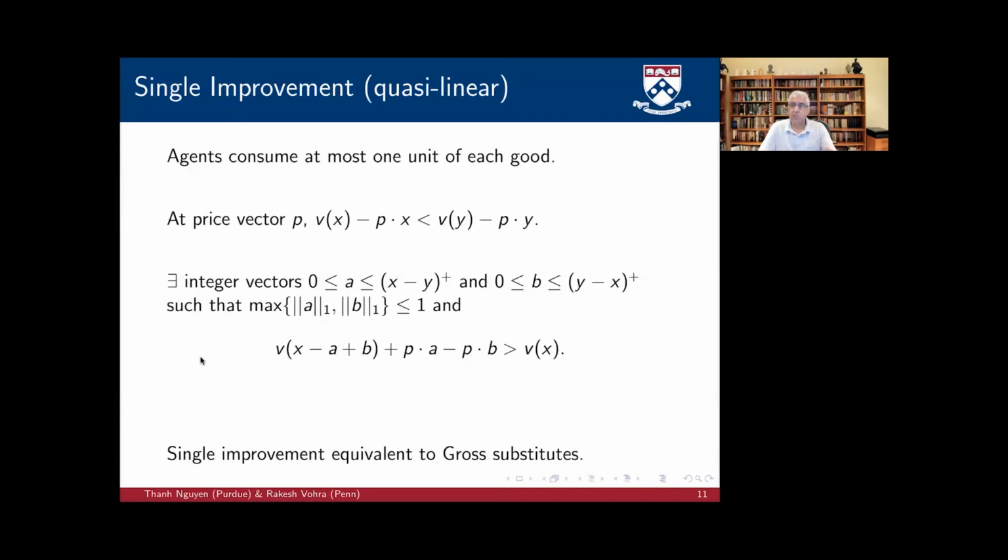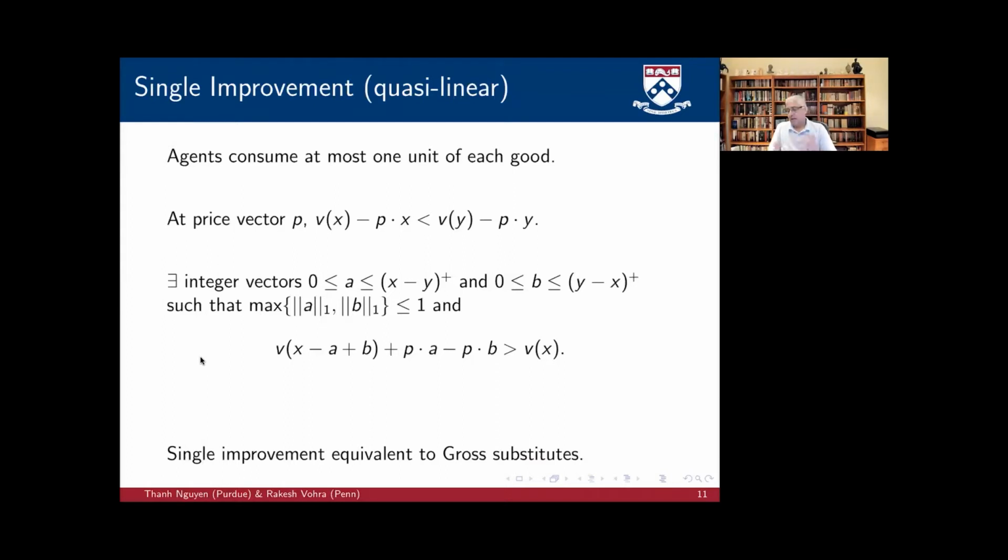If bundle Y generated strictly more utility than bundle X, then there was a good in X but not in Y, and a good in Y but not in X, that you could swap into X and improve the utility that you get. So what they meant by single improvement is I could get from a utility inferior bundle to a better bundle by either deleting an object, adding at most one object, or swapping at most a pair.